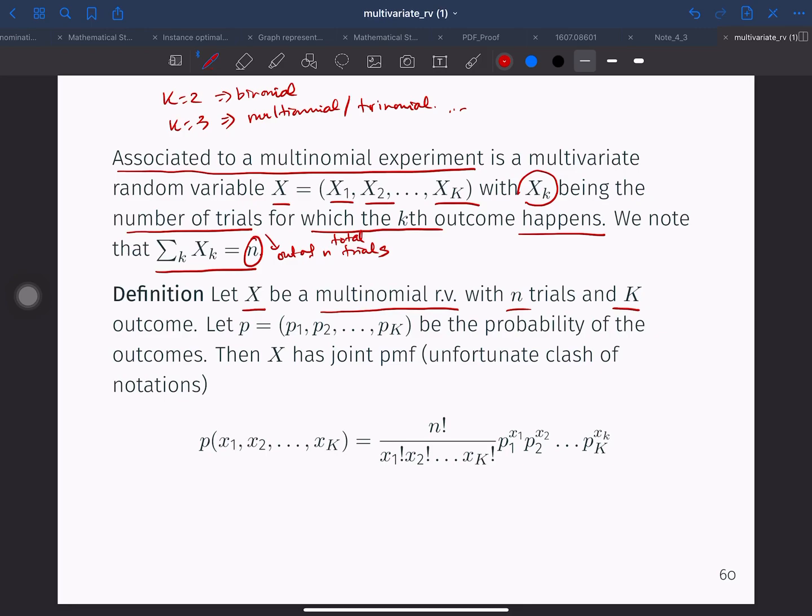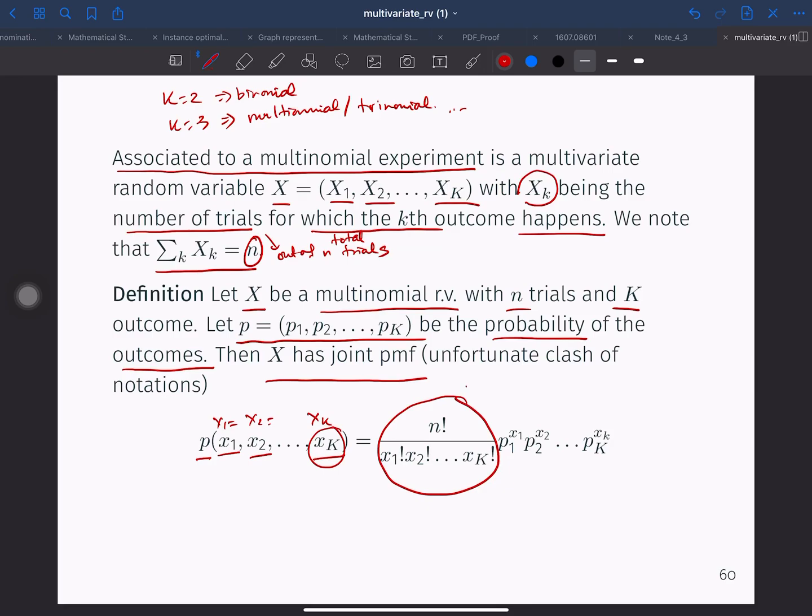If we are given the vector p of probabilities of each of the capital K outcomes, then by definition, X has a joint probability mass function, where the probability that capital X1 equals little x1, capital X2 equals little x2, up to capital XK equals little xK, is given by the multinomial coefficient that we saw in chapter 2.